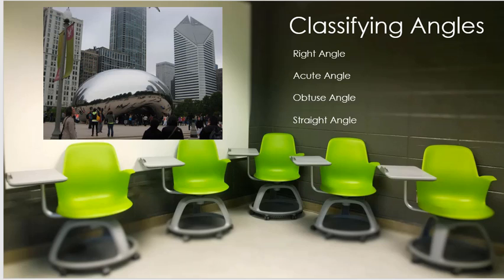And finally, we come across the soon-to-be infamous straight angle, and those are all over the place. If you look, like this window line here, those are straight angles. And then right above it, some more windows, straight angles.